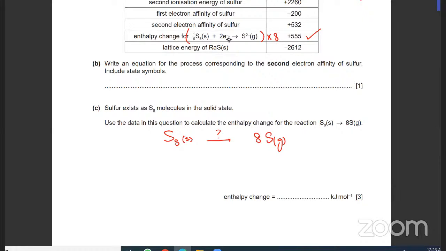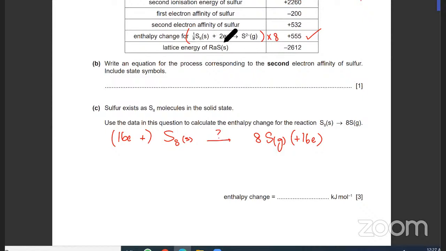If I multiply it by 8, that's going to be 16 electrons added to it, right? So I'm going to add 16 electrons on both sides. That will not change this path. I mean, the 16 electrons are not doing anything. So this path still remains the same. That's not changing. But I just need to connect this.